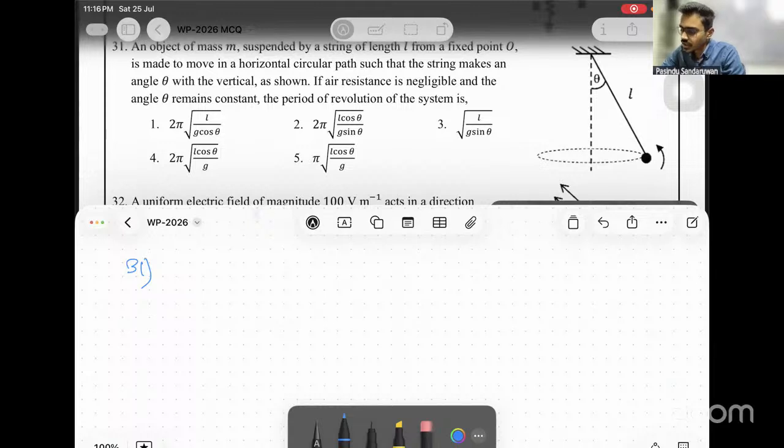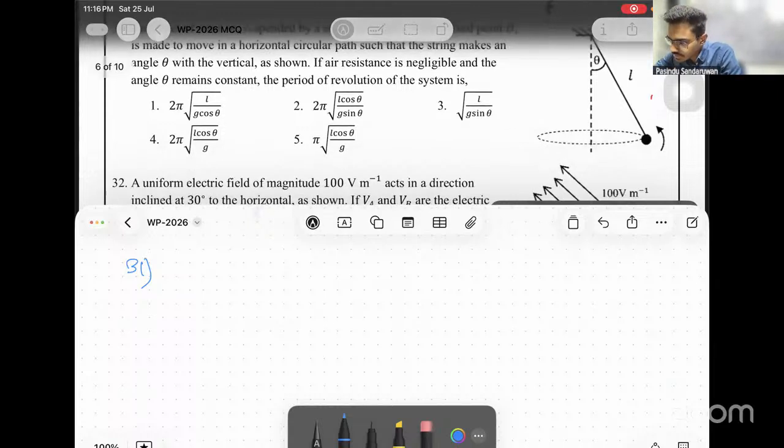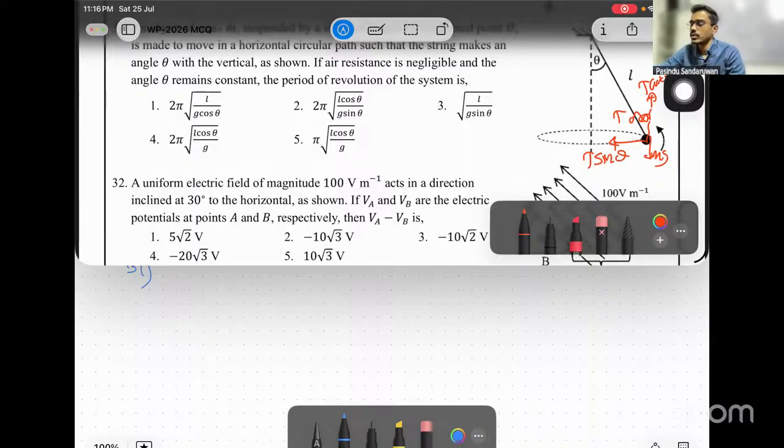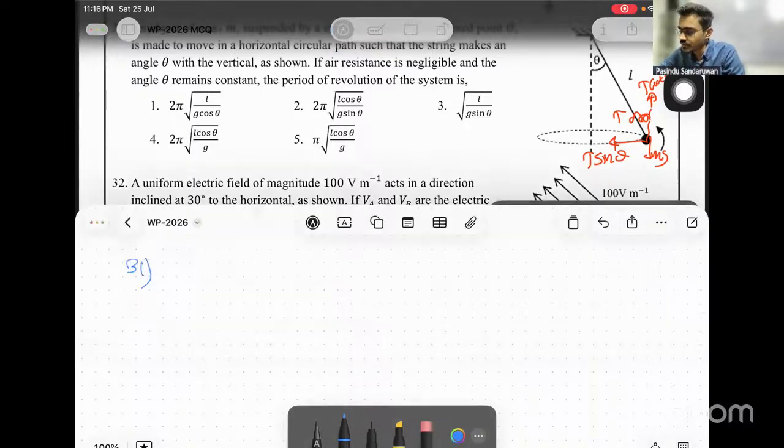Now if I mark the forces here, say this is T, then this angle is theta, so this is T cos theta, and here mg, and towards this direction you have T sin theta. For a circular motion, we apply F equals ma towards the center, and take vertical equilibrium, because that's a horizontal circle.